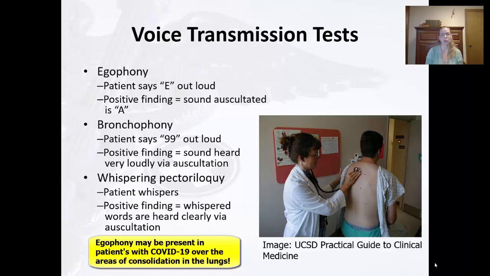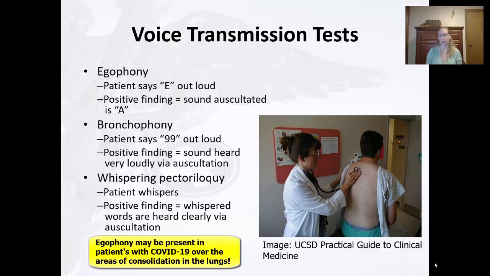Now, you could also do the test where you ask the patient to say 99, and through your stethoscope, you're going to hear it very loud, okay? That's called bronchophony. And then whispering pectoriloquy is when you ask the patient to whisper, and through the stethoscope, you actually hear the words very clearly as if they were talking in regular voice.